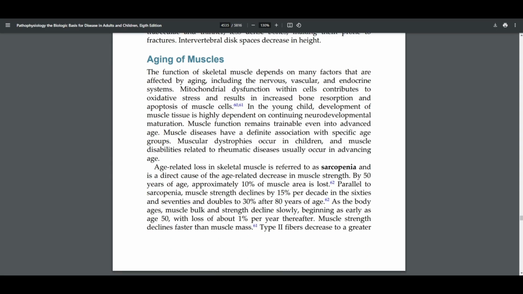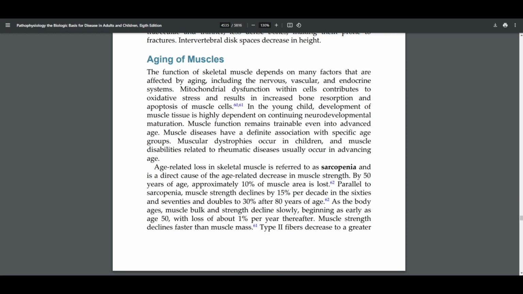Aging of muscles. The function of skeletal muscle depends on many factors that are affected by aging, including the nervous, vascular, and endocrine systems. Mitochondrial dysfunction within cells contributes to oxidative stress and results in increased bone resorption and apoptosis of muscle cells.